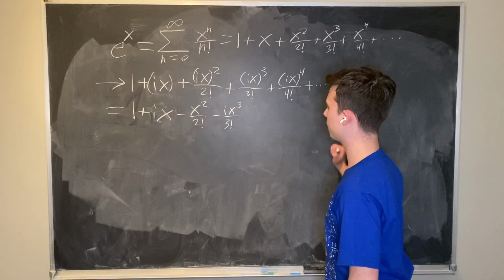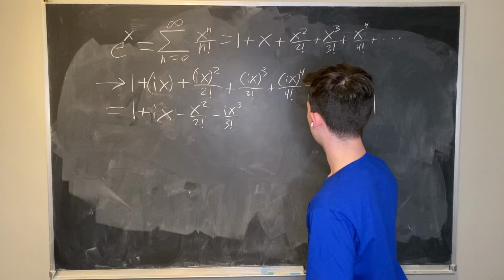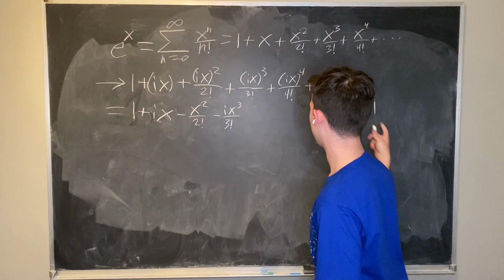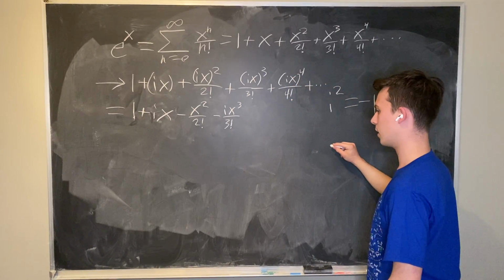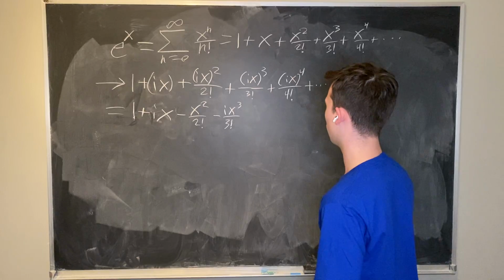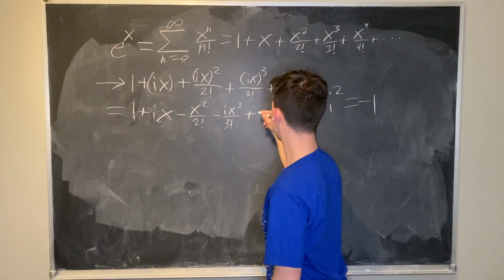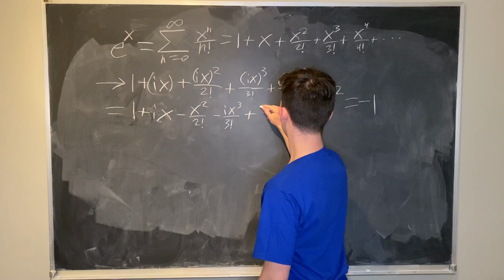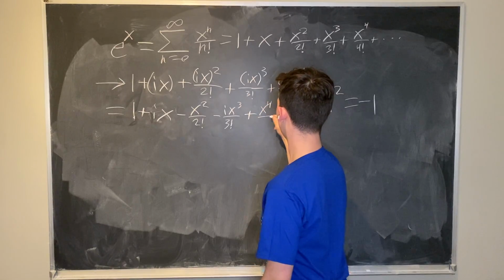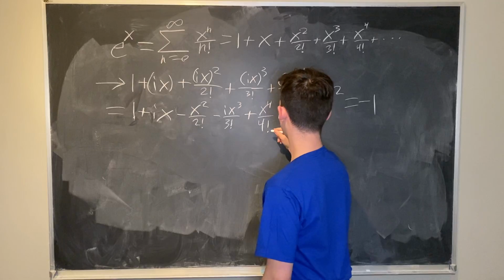Okay, so we know that i to the fourth is just -1 times -1, which is 1, right? So we get plus x to the fourth over 4 factorial, and so on.